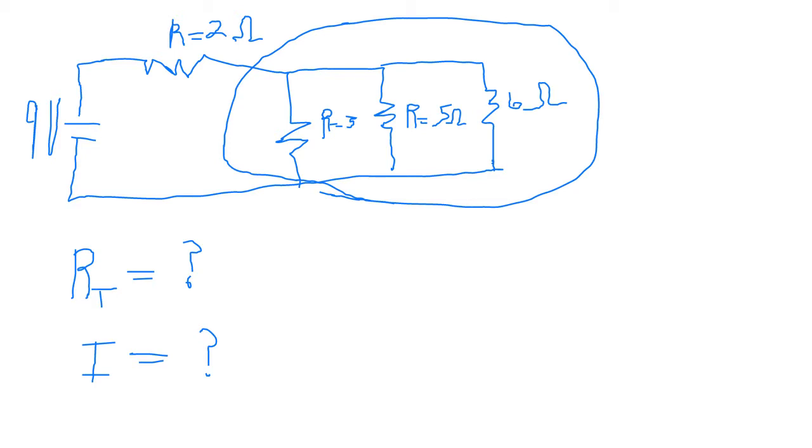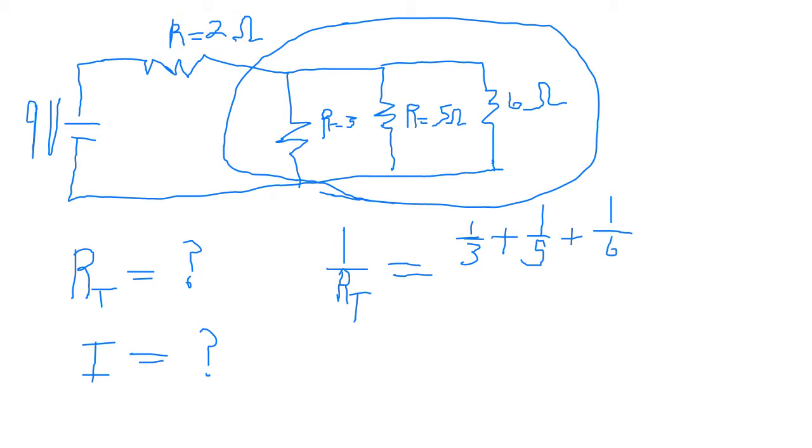All 3 of these resistors are in parallel. So for this section, you would go 1 over R total is equal to 1/3 plus 1/5 plus 1/6.